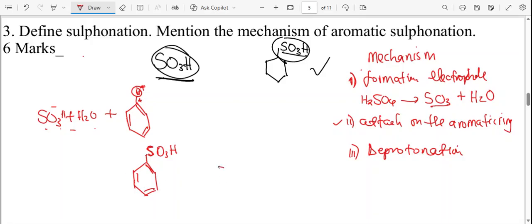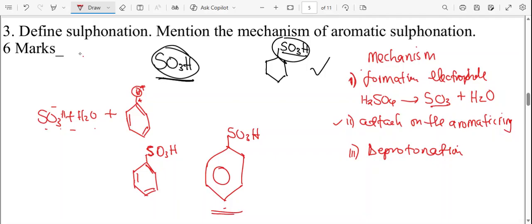If you want, you can write in this form, because there's a conjugation inside there.